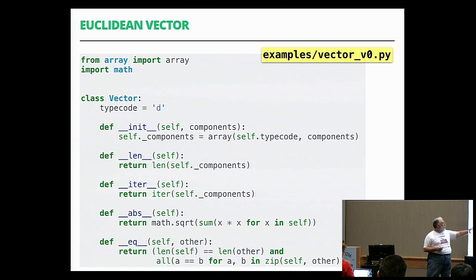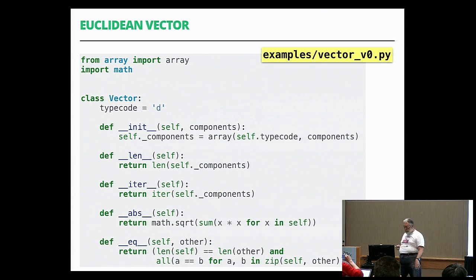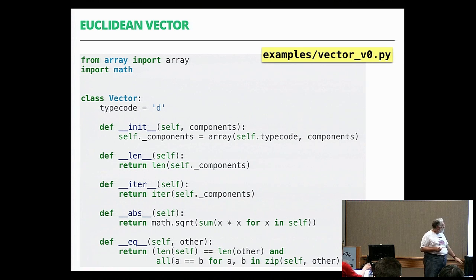So notice this pattern is the same. I have a dunder method, and what I do to implement it is I just delegate to a built-in function of the same name on this inner object here. So it's an example of using composition to implement functionality, and delegation.